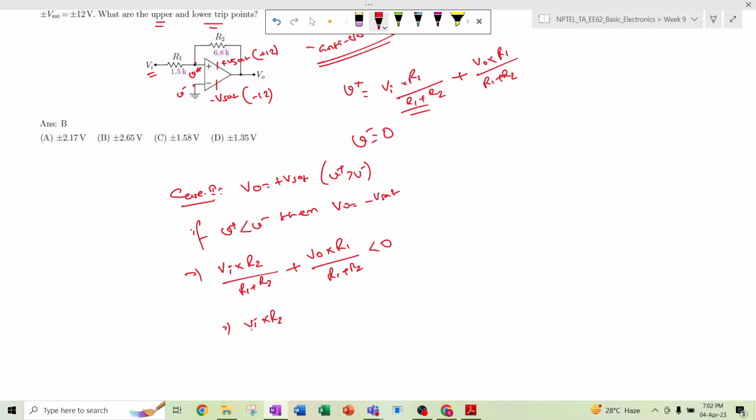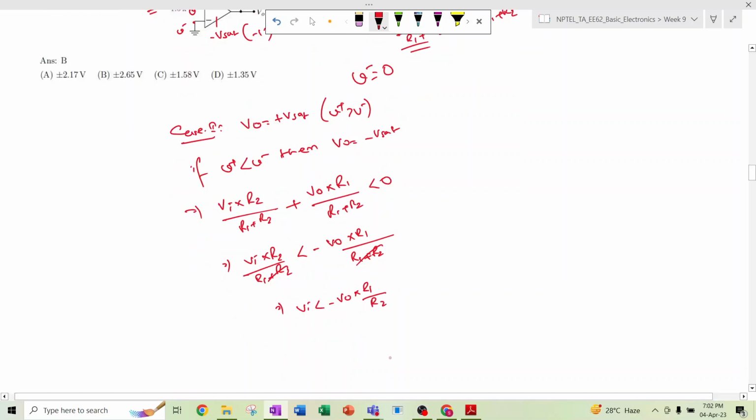So Vi into R2 divided by R1 plus R2 should be less than minus VO into R1 divided by R1 plus R2. R1 plus R2 cancels out. That means Vi should be less than minus VO into R1 by R2. Here R2 is 6.8 and R1 is 1.5, right? So Vi should be less than minus VO, and we have considered VO as plus Vsat in case 1, so it will be Vsat into R1 divided by R2.